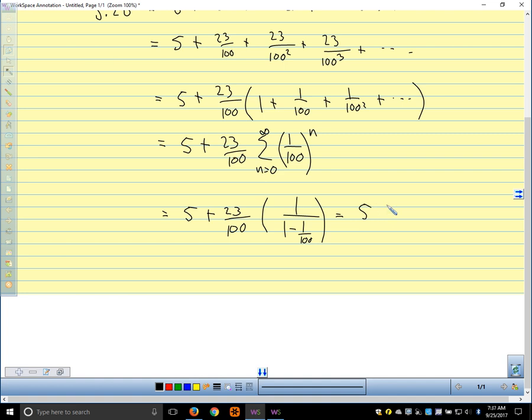So this is 5 plus 23 100ths times 100 over 99, and I can write this as 518 99ths. So 0.23 repeating is 23 99ths.